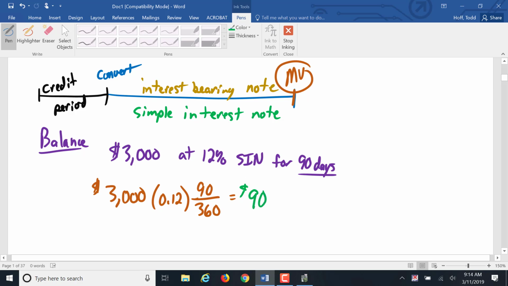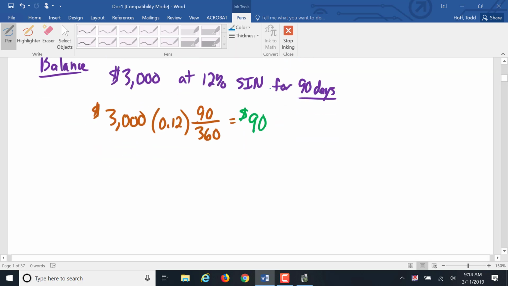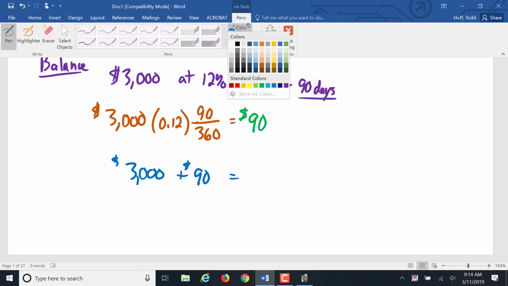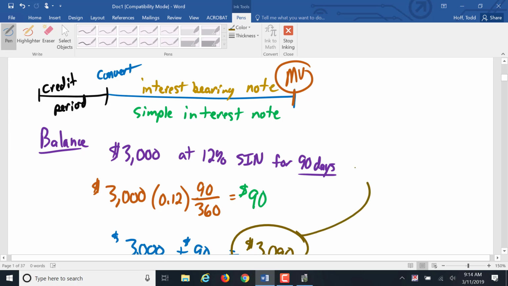So $90 of interest means the maturity value at the end of that 90 days is going to be the original $3,000 plus an extra $90 in interest. So again, back up here, they're going to pay $3,090.